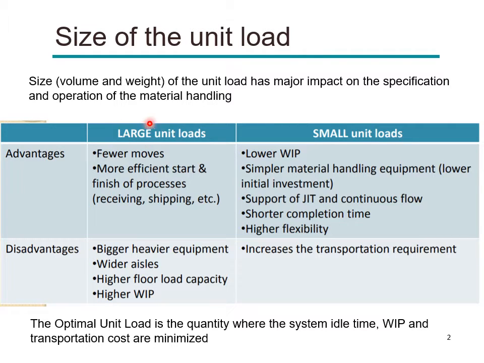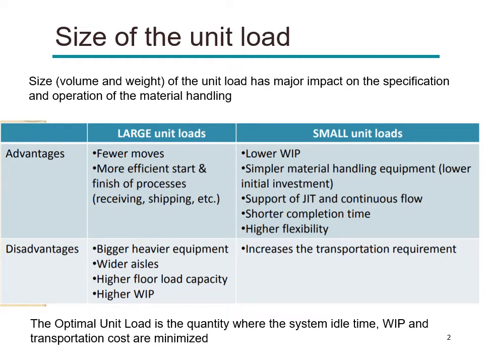On the other hand, what are the disadvantages of these unit loads? Larger unit loads are bigger. You need bigger and heavier equipment to be able to hold a large number of parts. You need wider aisles for this bigger equipment, so you need more space.